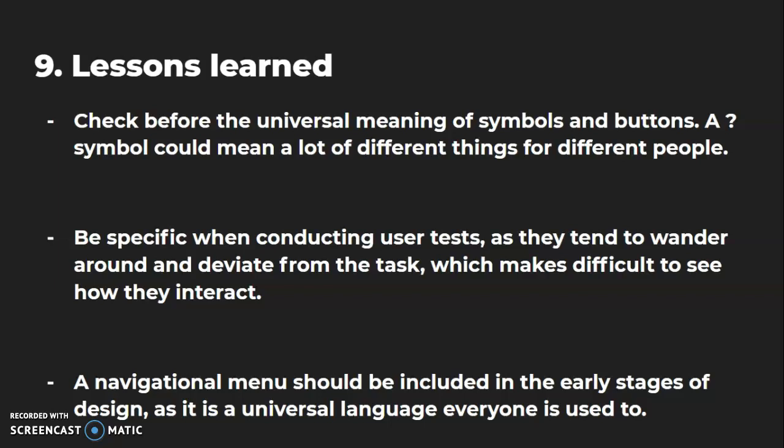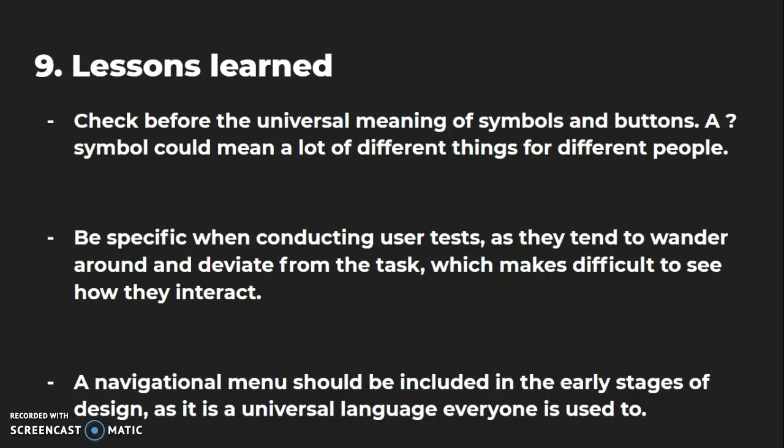And lessons. Well, I found that I need to check beforehand the universal meaning of symbols and buttons because there can be a lot of confusion here. Conducting tests can be difficult because the users tend to wander around and deviate from the task.